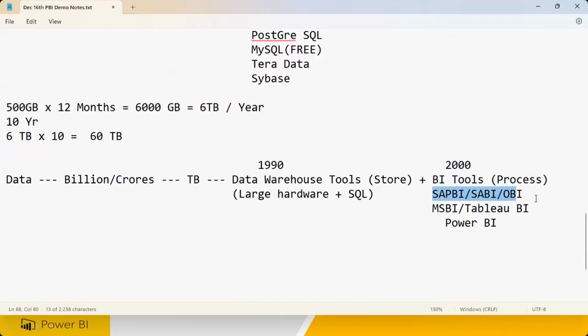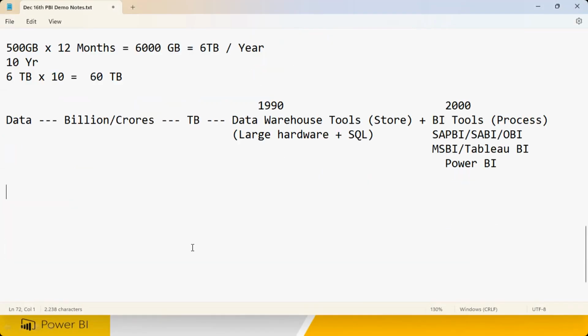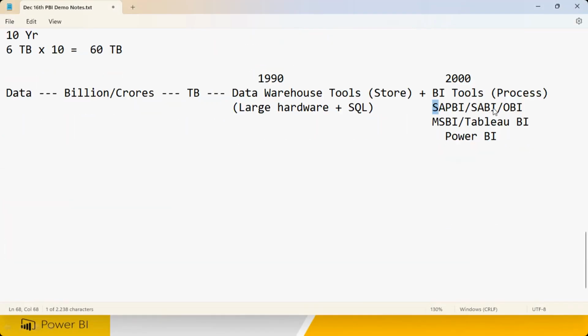Now, the story did not stop here. BI tools have been there. Before talking more about this, let me tell you what happened after year 2000. Hardware became cheaper.